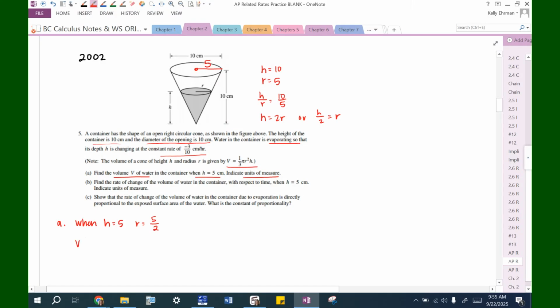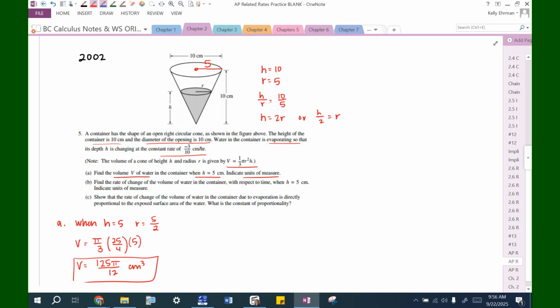So V would equal pi over 3 times r squared, so 25 over 4, times h, which is 5. I'm going to simplify that. 25 times 5 is 125, times pi divided by 12. What is the label on this? We're talking about a volume, and the units are measured in centimeters, so cubic centimeters.